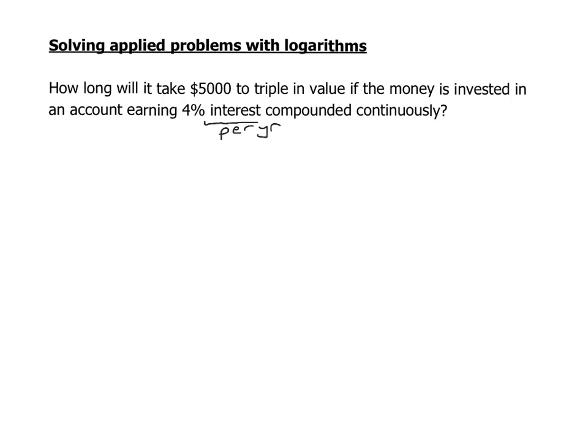First of all, let's think about what we know here and what we're given. We're given that our interest is compounded continuously. And if you remember, our formula for continuous compounding is future value equals present value e to the RT. Let's see what else we know. We know that we start out with $5,000 and it's going to triple in value.